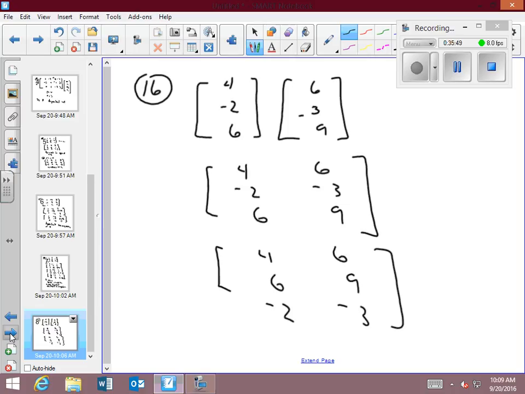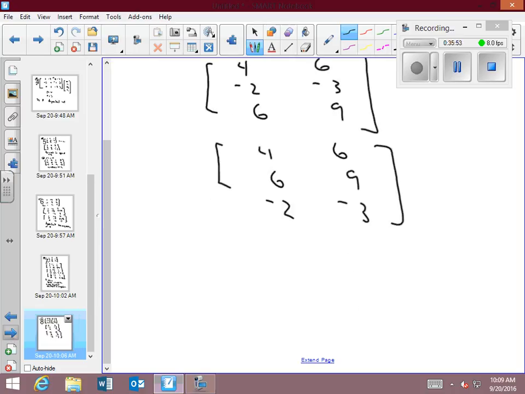Why? Because, see, it's 2 columns, 3 rows. So if I try to get this thing reduced down, I would multiply, let's see, this one by what?